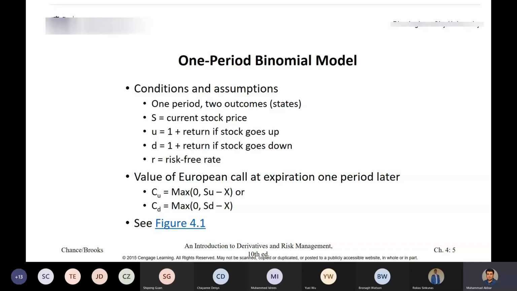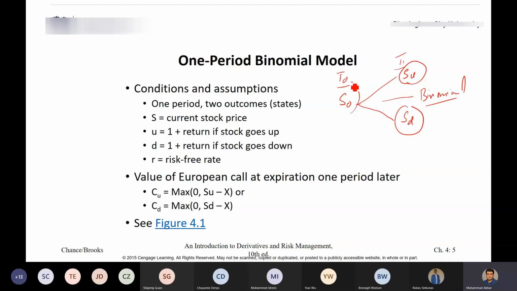So in a one period model, if today the stock price is S0, at expiration, or in future, there are two possibilities. One is that the stock price can go up, so it will be, let's suppose, SU, and if the stock price goes down, it will be SD. That is why we call it binomial. Binomial here means two, like yes or no, right or wrong. So there are two possibilities.